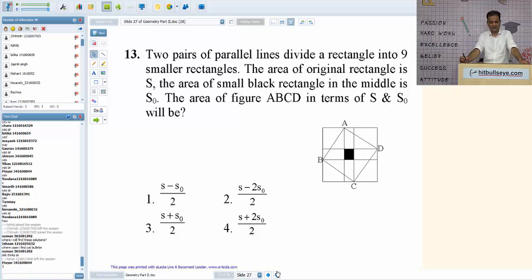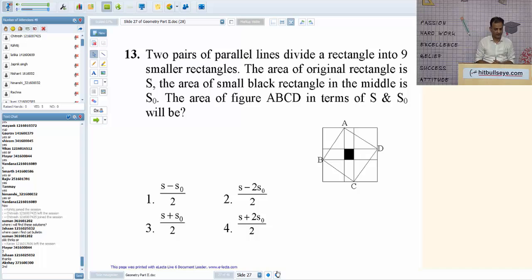Again just see, think logically, what should be the answer? Diagonal of rectangle divides rectangle into two equal parts. See what he is asking. A, B, C, D in terms of S and S naught will be. Mayur has come with option 3, S plus S naught by 2. Akshay, second option. Shubham, second option, S minus 2 S naught by 2.